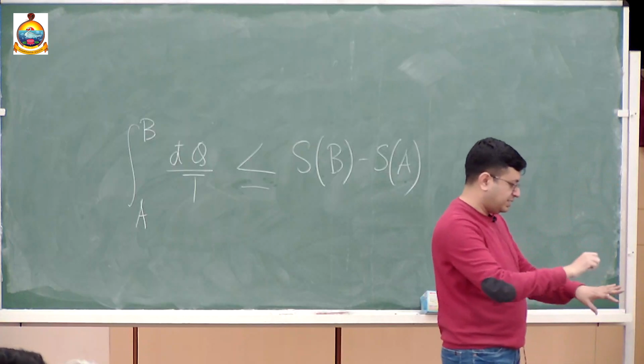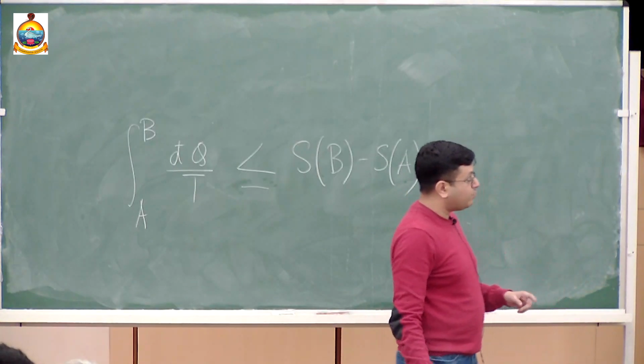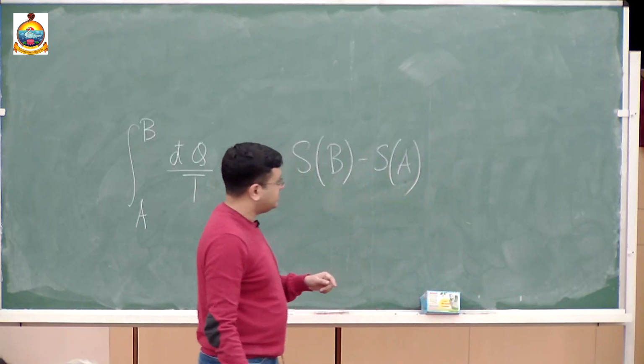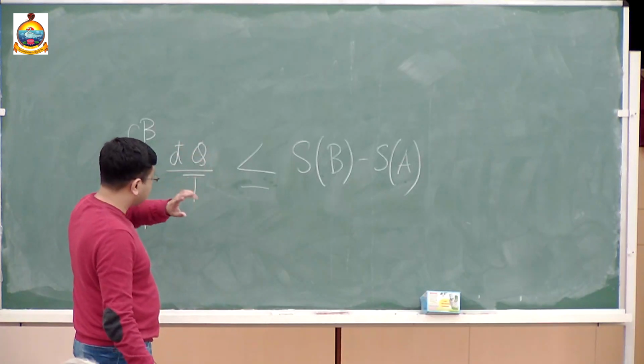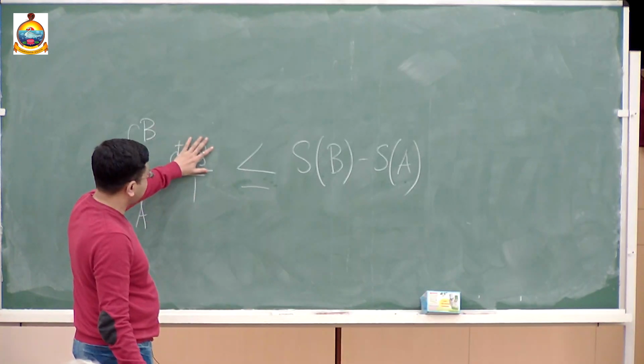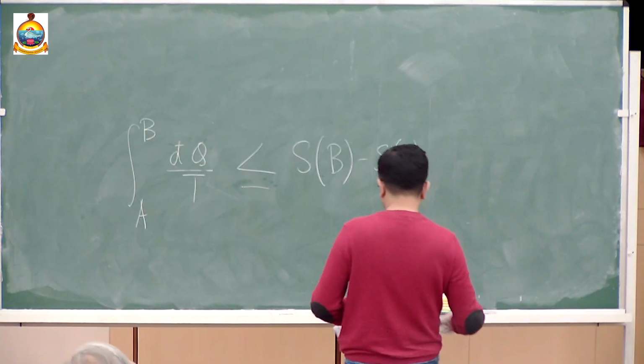I start from an equilibrium state, I make small changes, it goes from state A to state B, and while I am doing that, I don't allow the system to exchange energy or heat with the external surroundings, and therefore d cross q is equal to 0.